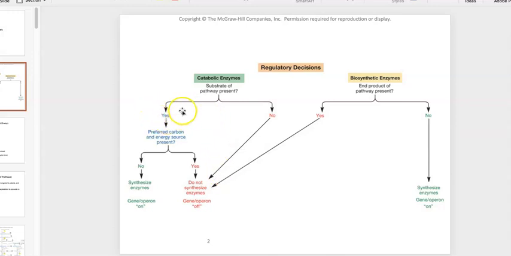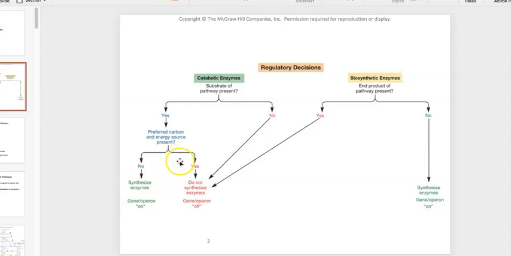However, if the substrate is present, there's another level of questioning here. That is, is the preferred carbon and energy source present? So if the preferred carbon source isn't present, and it's just this other thing, then the microbe will synthesize enzymes to eat that particular less preferred substrate.